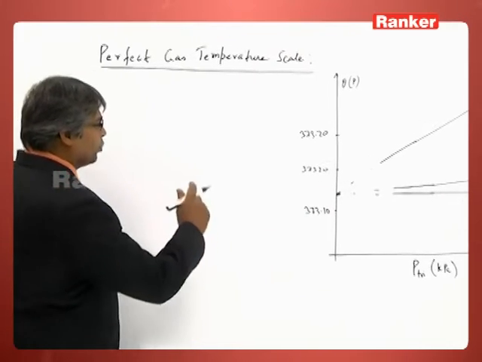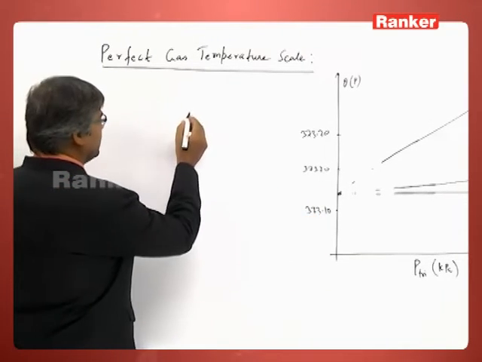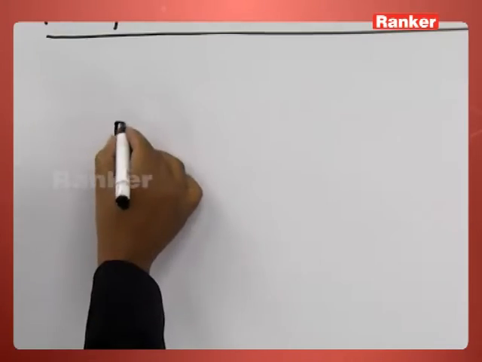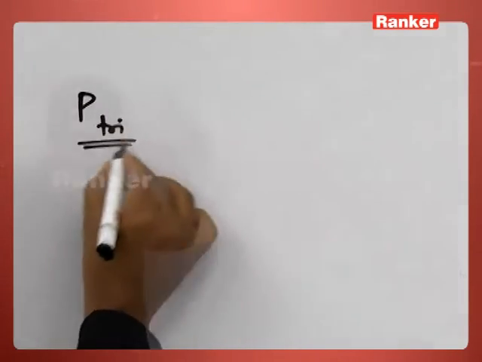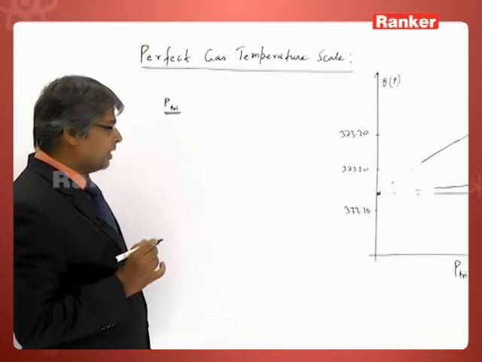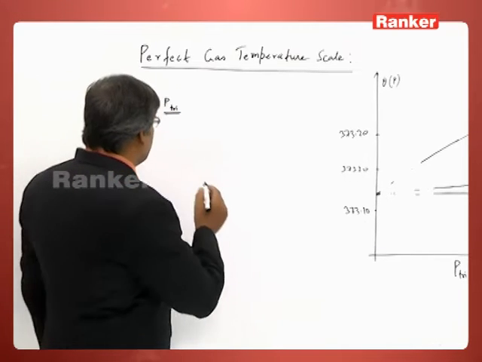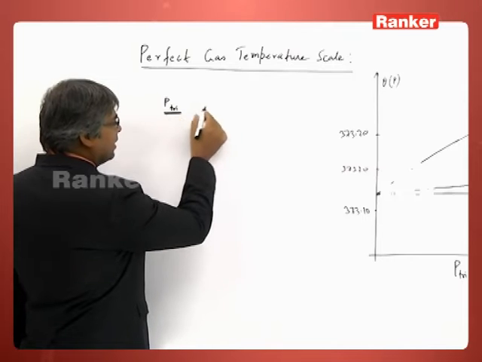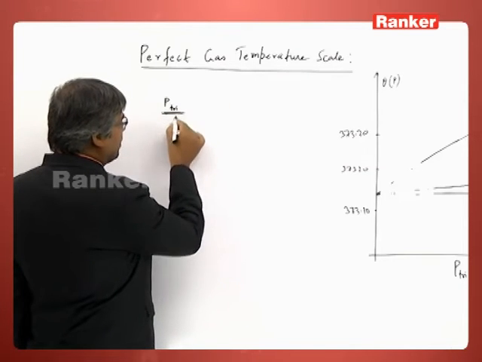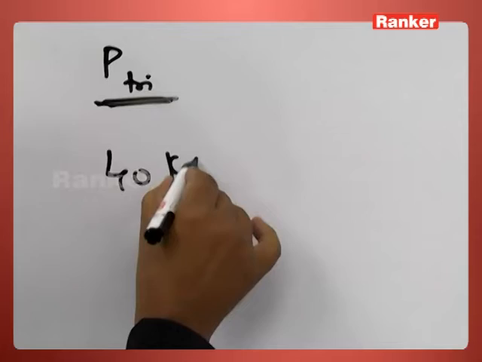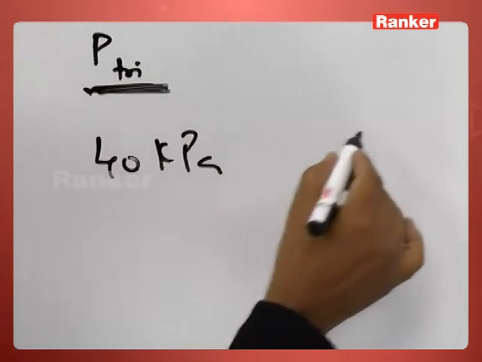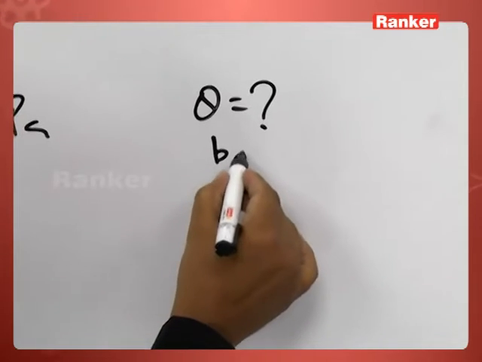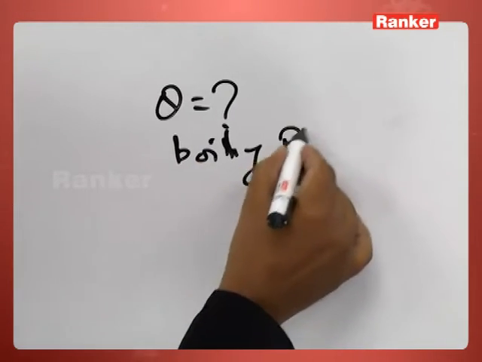First we put the thermometric bulb into the triple point cell, and at that time we take the pressure at the triple point, and gradually we will start decreasing this. We will first take 40 kilopascal as the pressure at the triple point, and then we will measure the value of theta at the boiling point of water.